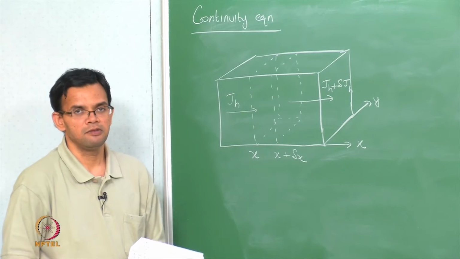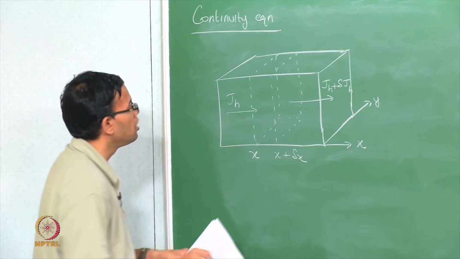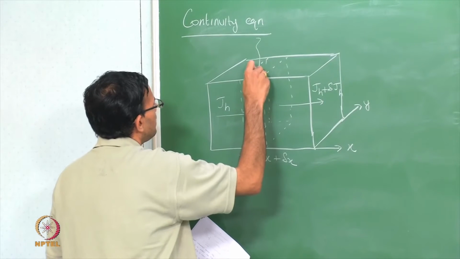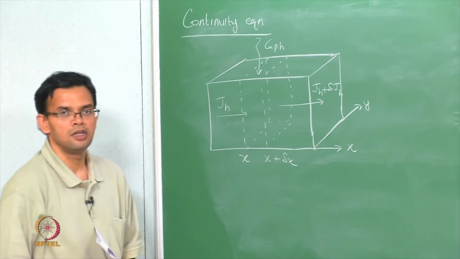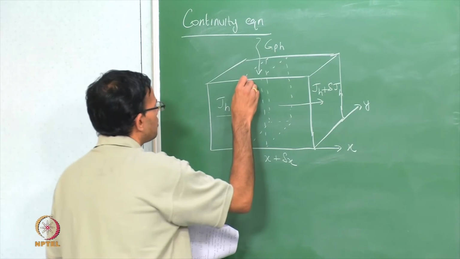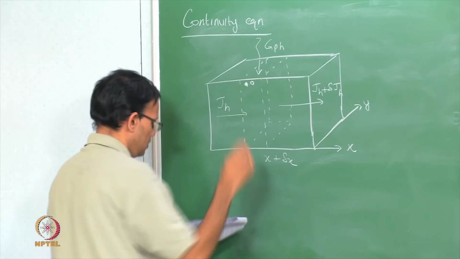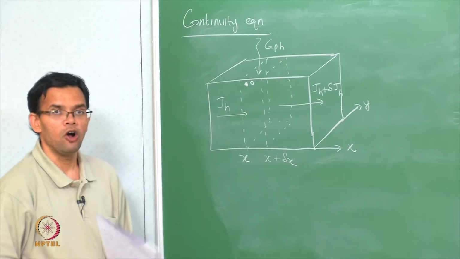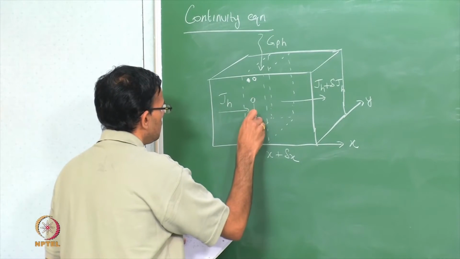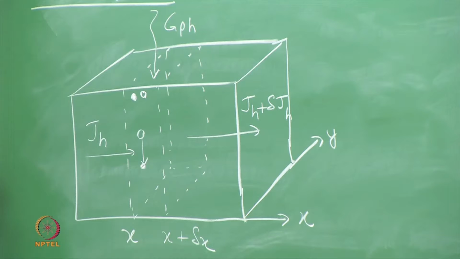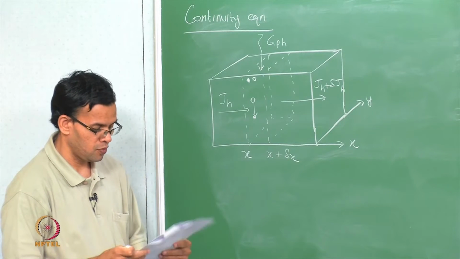If it is negative, we have some loss of holes. We also have some incident light GPH, which creates electron hole pairs, and we also have recombination of electrons and holes. The generation process creates new holes, and the recombination leads to loss of holes.